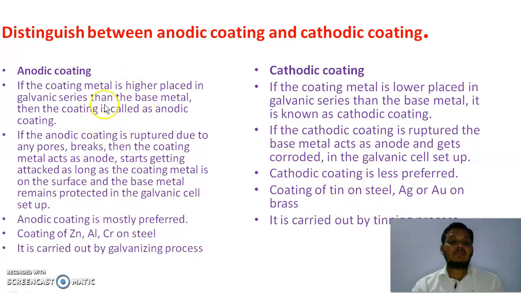Here the coating metal is higher placed in the galvanic series, and here the coating metal is lower placed in the galvanic series. So this is the basic difference between anodic and cathodic coating. I hope you understood both concepts: the metallic cladding process and its application, and the second one, the metallic coating methods, that is anodic coating, cathodic coating, and their basic difference.